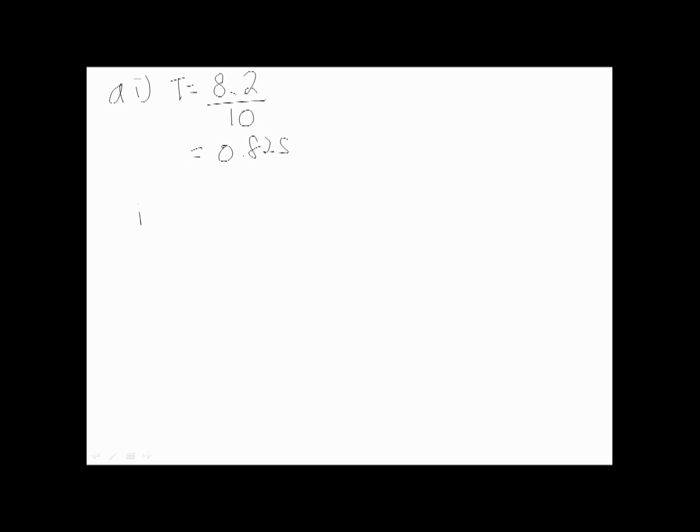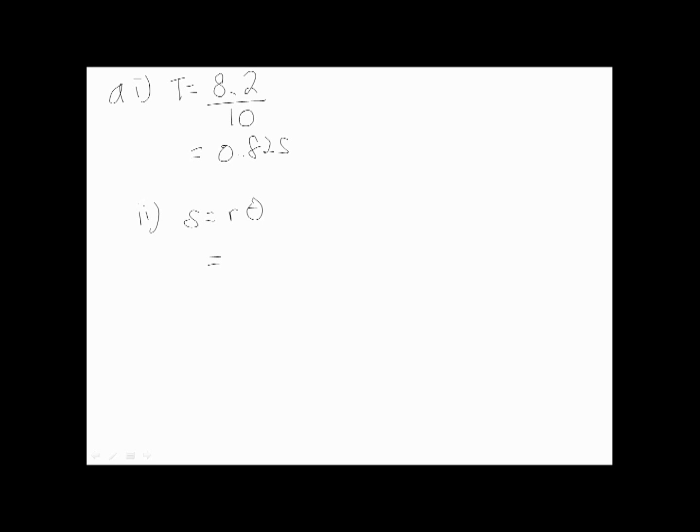Now, the second question requires us to find the distance traveled for one revolution. It's very simple, very straightforward. As we know, the distance traveled for any angle is defined as r theta, where r is the radius. Now, be careful here.